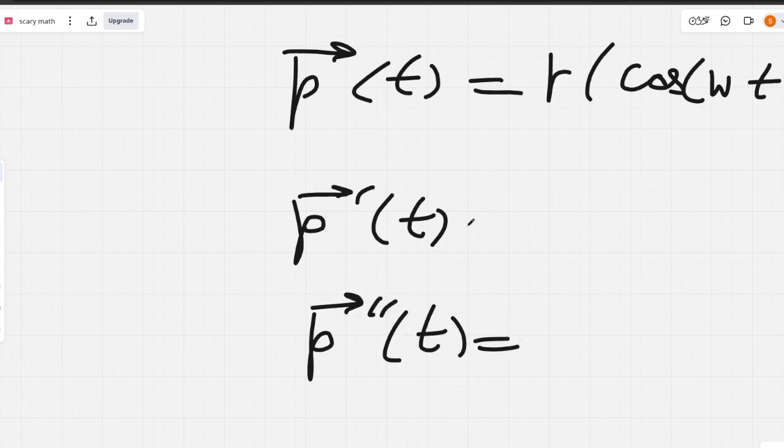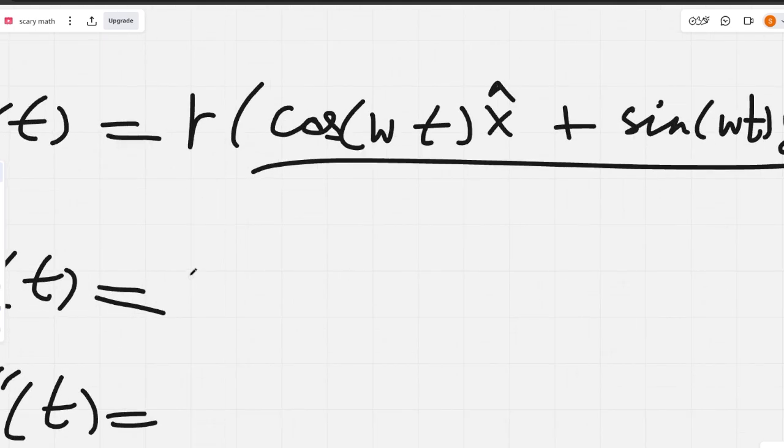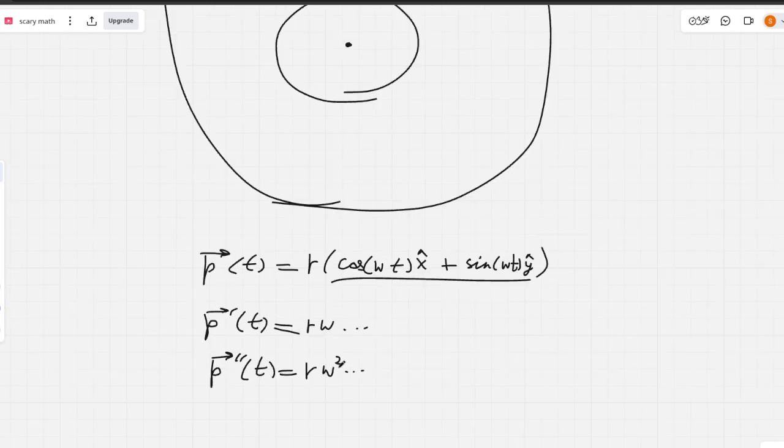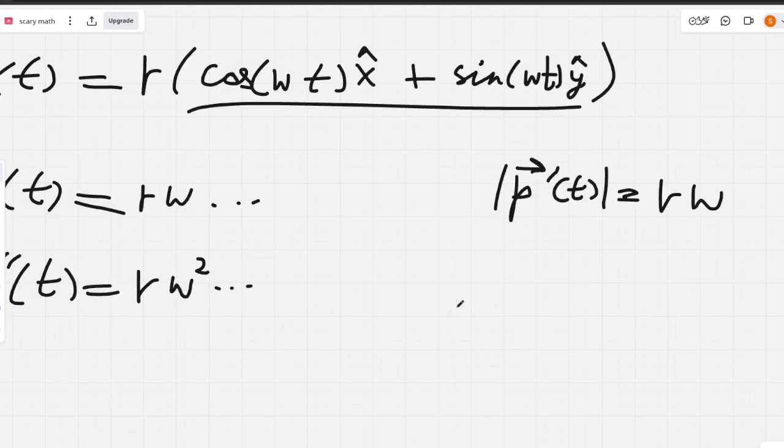you can notice that we don't really care about whatever happens in the brackets, because we are just going to bring out the frequency here. And when we take the absolute value, here it's going to be r times omega.